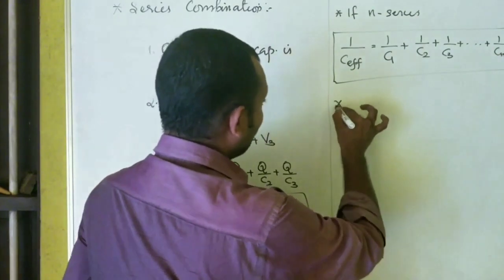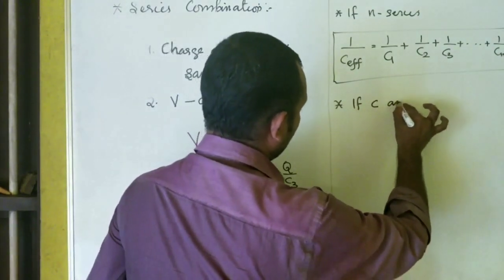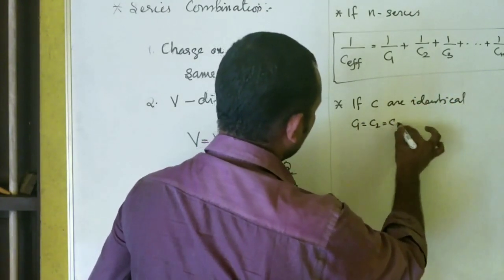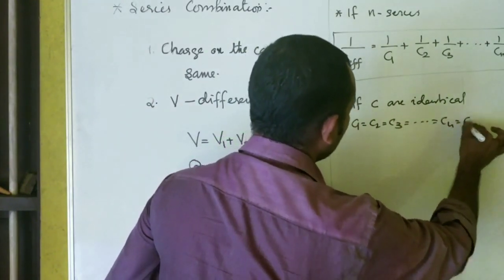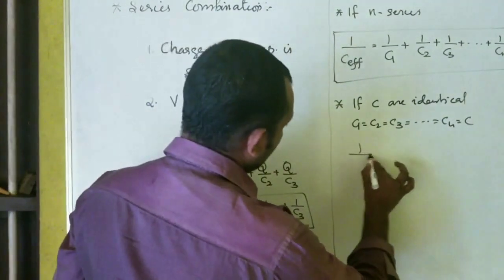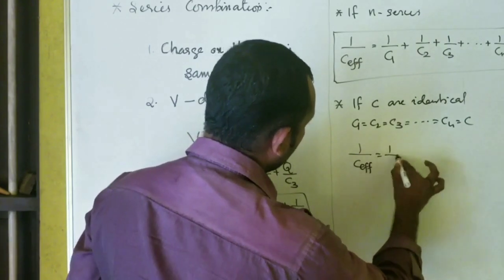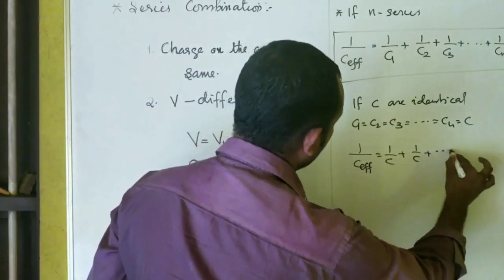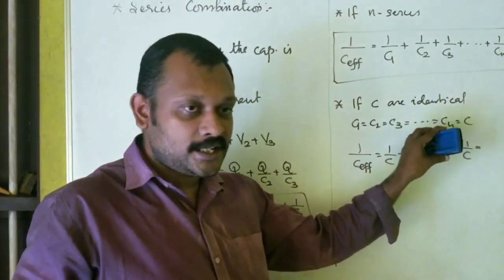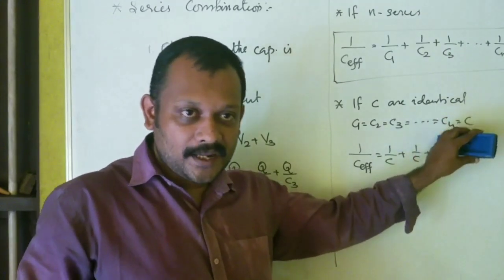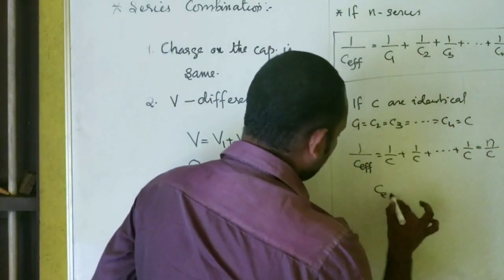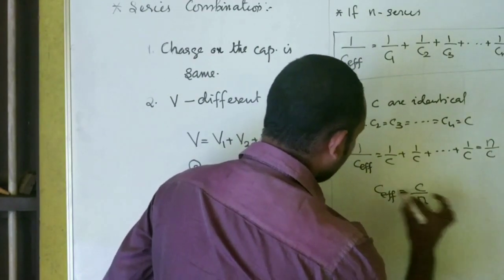Now I will say, if the capacitors are identical, means C1 is equal to C2 is equal to C3 is equal to etc. is equal to Cn is equal to C. Then 1 by C effective is equal to 1 by C plus 1 by C plus etc. plus 1 by C. When you take 2, it is 2 by C, plus 1 by C is 3 by C, plus 1 by C is 4 by C. If you have n times that, this is going to be n by C, or I can say C effective is equal to C divided by n, and that is your answer.